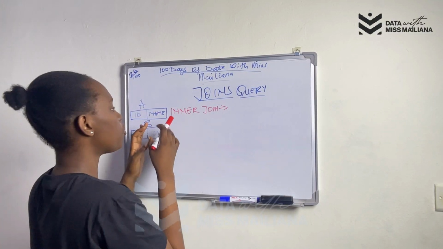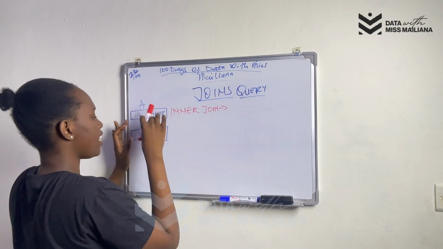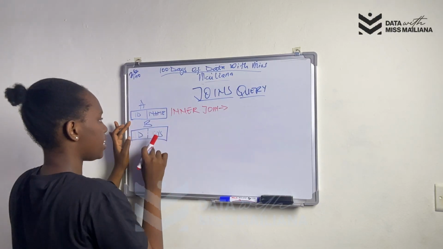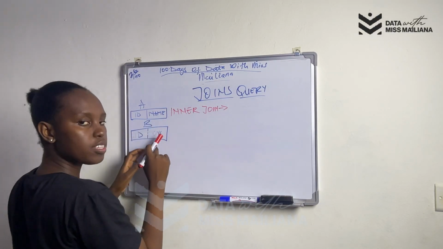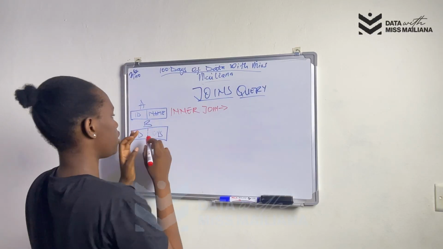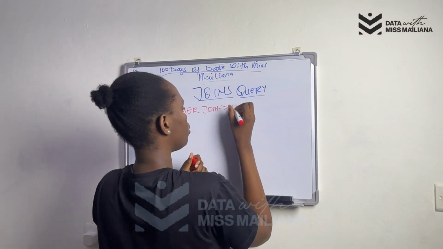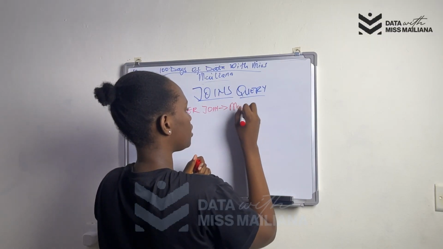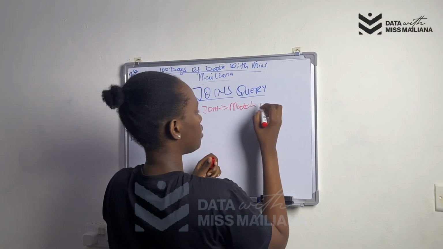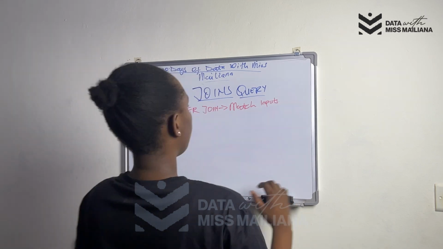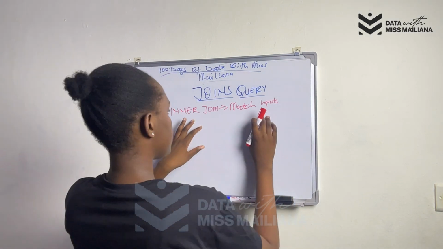It will bring you only students and their toys, students who have toys. If their ID appears here, their name and their toys will appear. So it brings out all that match. All right, so this is inner join.